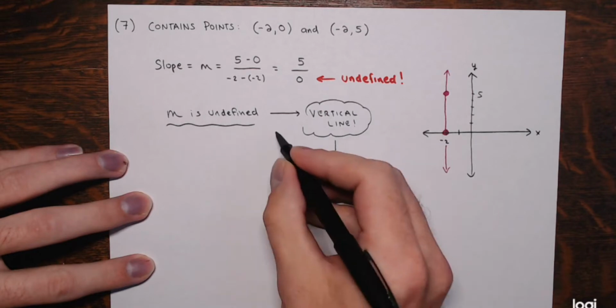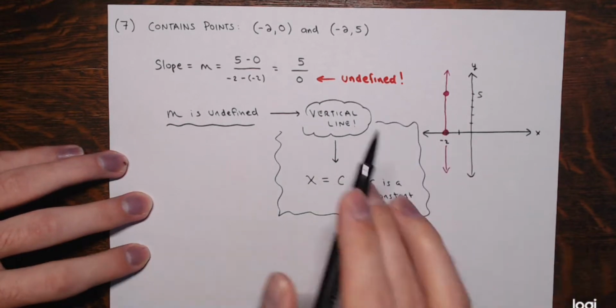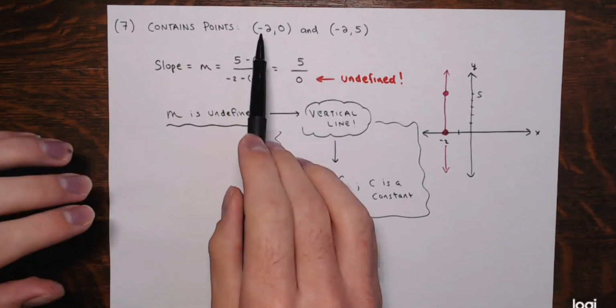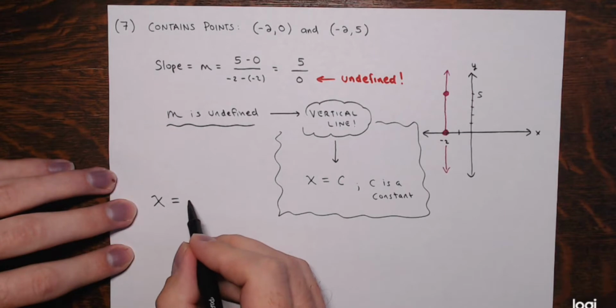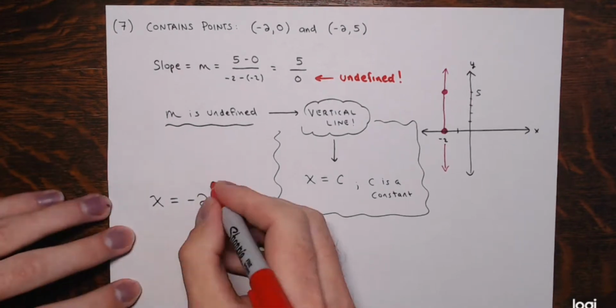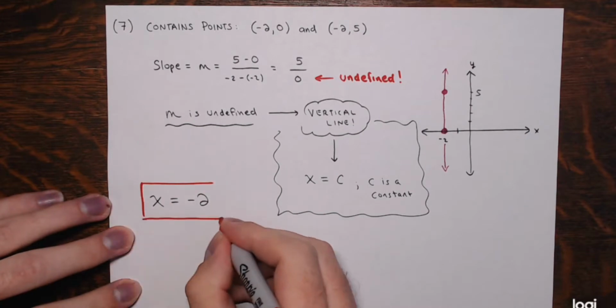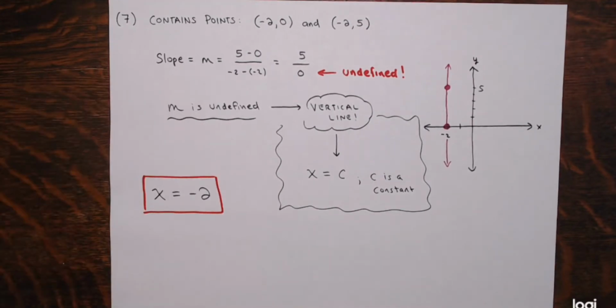And there we go. So for this particular one, notice the x-coordinate is always negative 2, and that's it. This is the equation for this vertical line, a line with an undefined slope. And that's all I need to write.